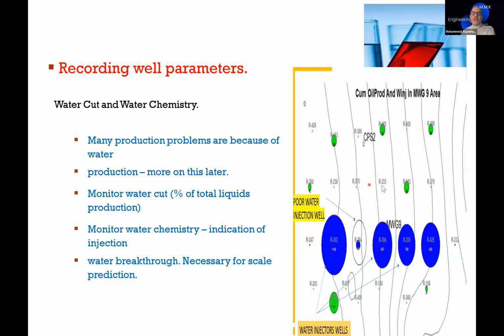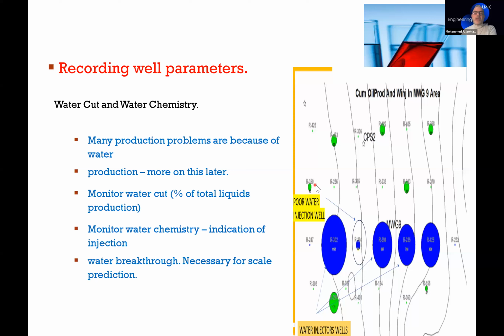On the other hand, the production wells. Many production problems are because of water. Maybe this is an indication of the performance of this injection and the performance of those wells regarding the communication and the formation, and what happened afterwards regarding the production rate.